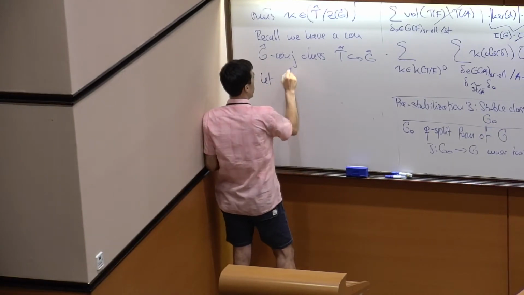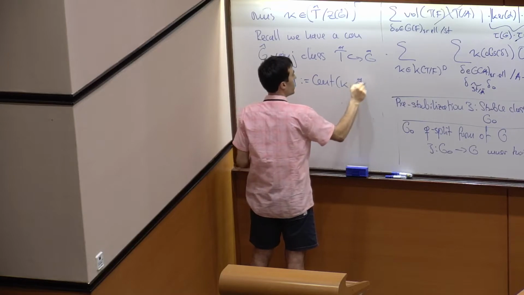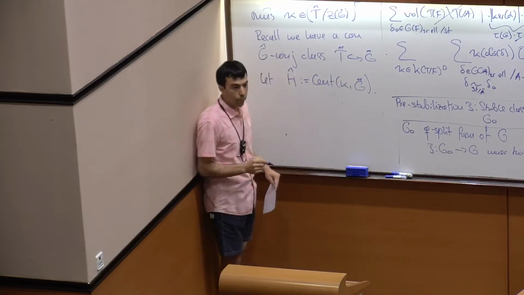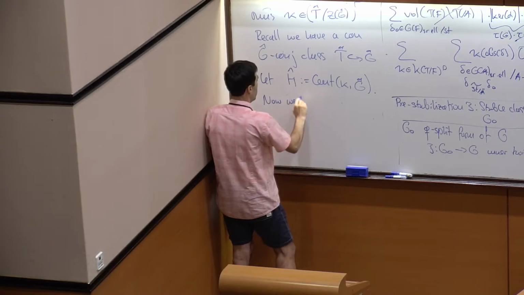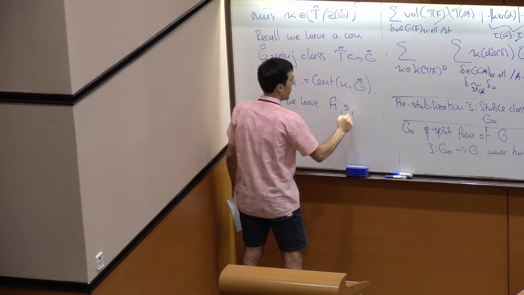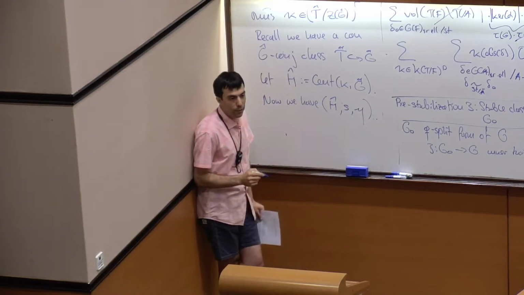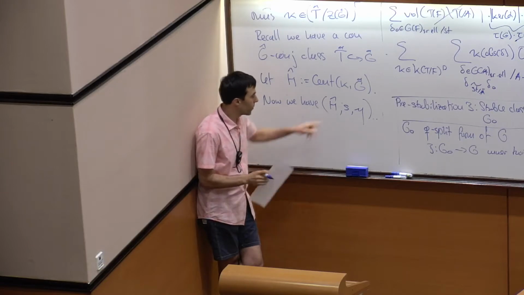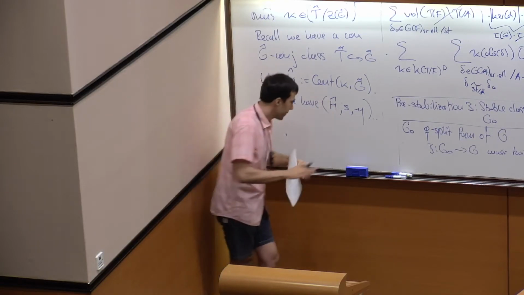So let H hat be the centralizer of kappa in G hat. So now we have H hat, and we have S, and we have eta, which is almost what you need for an endoscopic group, but you of course need to say, well, who is the dual of H hat? You needed the H.